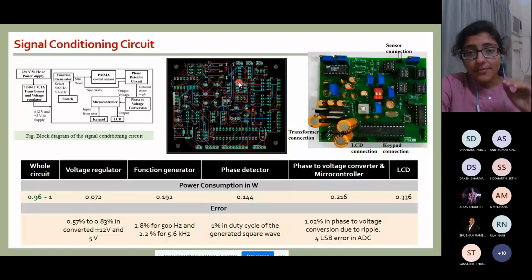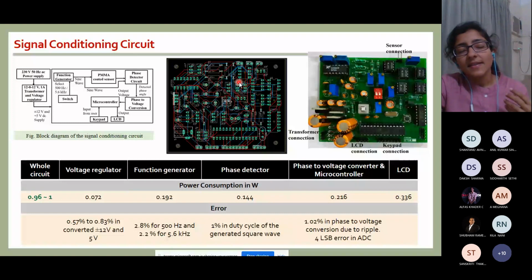Let's say I am applying 500 hertz because my maximum operating frequency is 500 hertz, but because of the function generator, it may not give exactly 500 hertz; it may give 600 hertz. Then the data is erroneous, and you will eventually have an error output, and the overall instrument will not give you the exact result, that is, whether it is pure milk or adulterated milk.